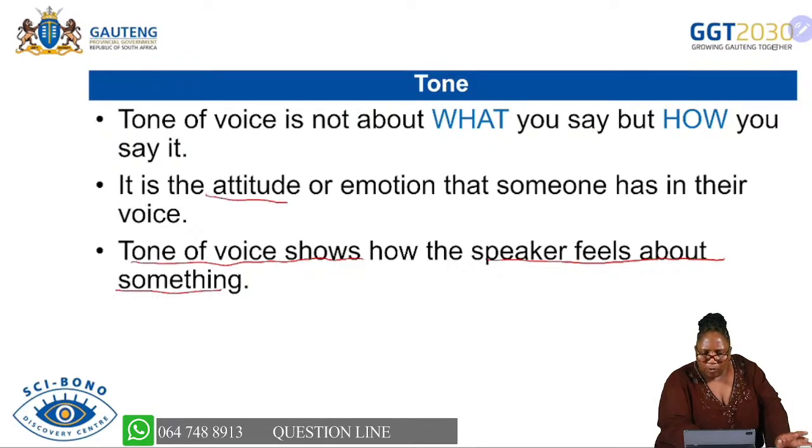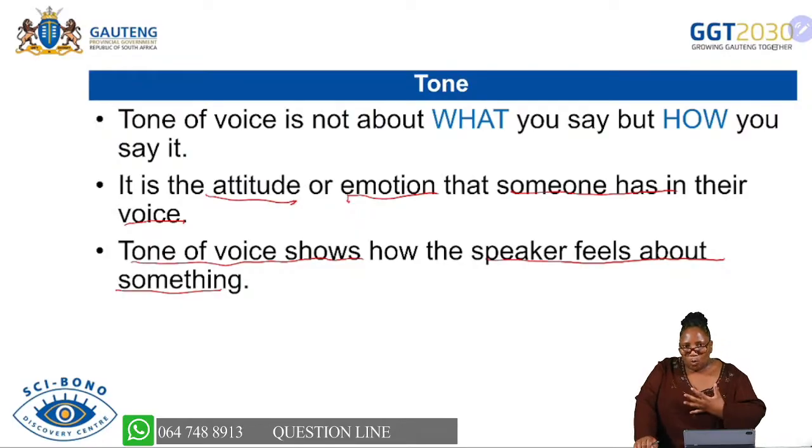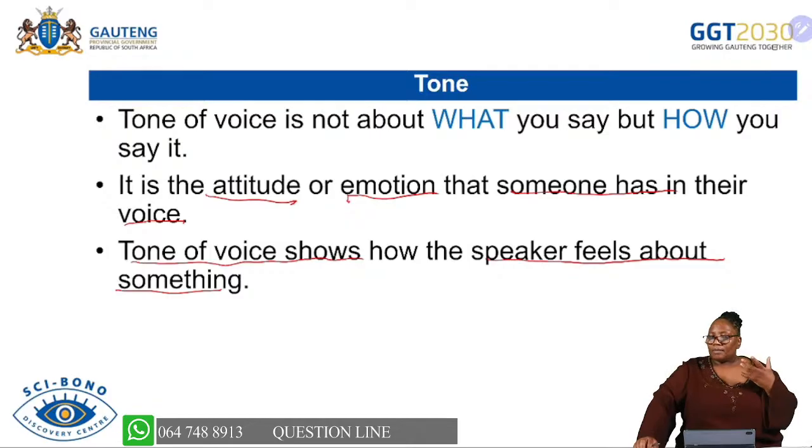It touches on the attitude or emotion that someone has in their voice. When you say, I want 5 rands, that's disrespectful, isn't it? Then when you say, would you please? Your tone is full of pleading. You want to urge someone to do a favor for you.